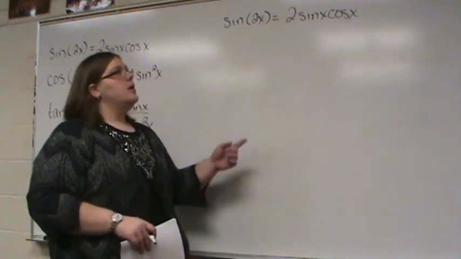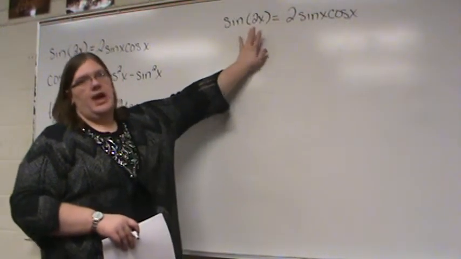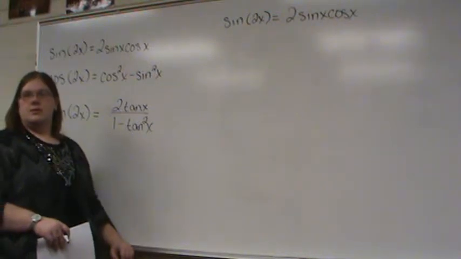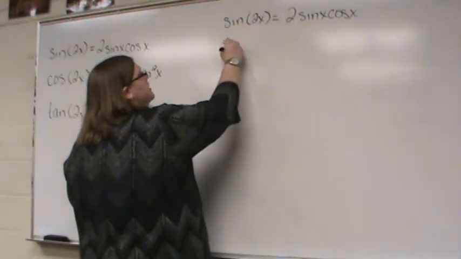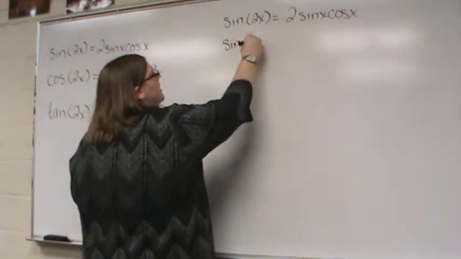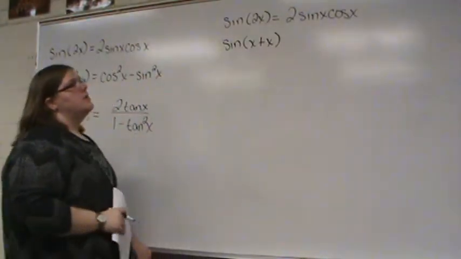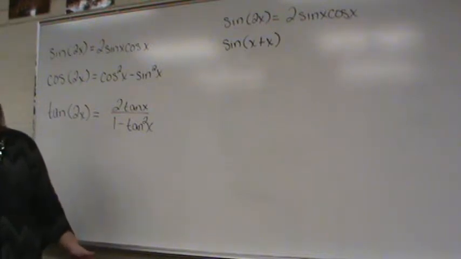Is there a way that we could rewrite what's inside our parentheses as some sort of addition or subtraction? Sine x plus x. So now that should look like the sine addition identity that we know how to expand out.